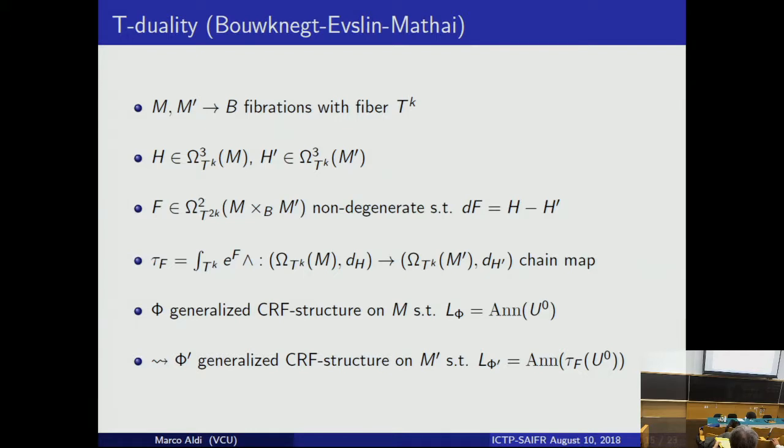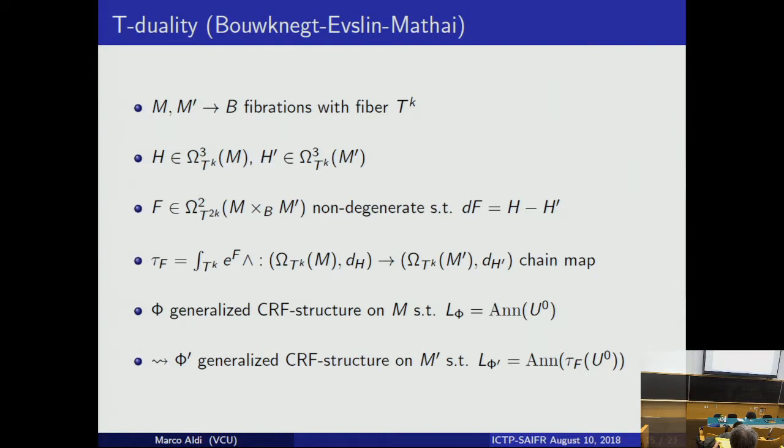Now this makes it easy to transfer generalized CRF structures across T-duality, because now all you have to do is to pick your spinor space. It's no longer a line, but U0, whose annihilator is the square root of -1 eigenbundle, and then you apply this map here, and you'll get another space of forms.